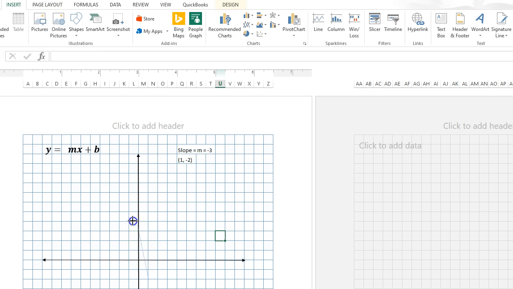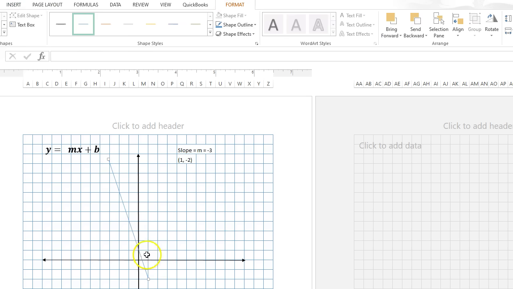1, 2, 3. Let's go all the way up. 1, 2, 3, 4, 5, 6, 7, 9.